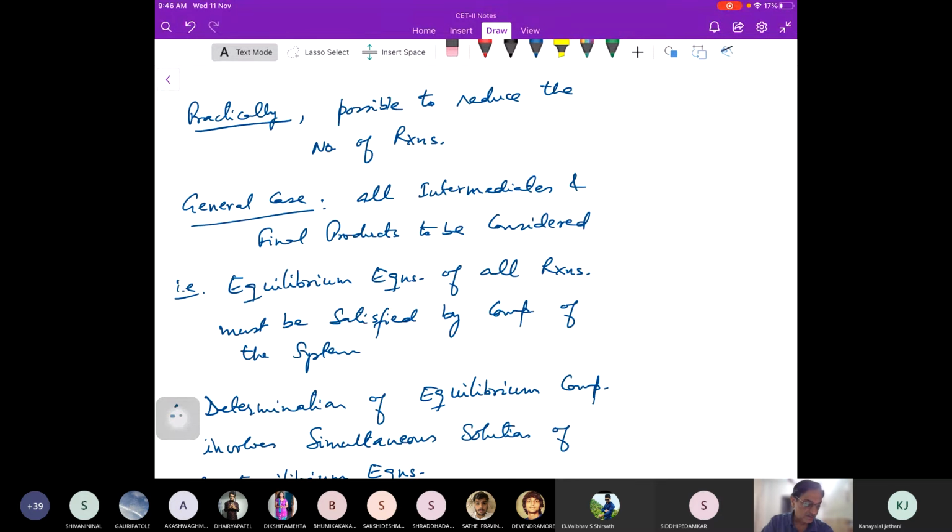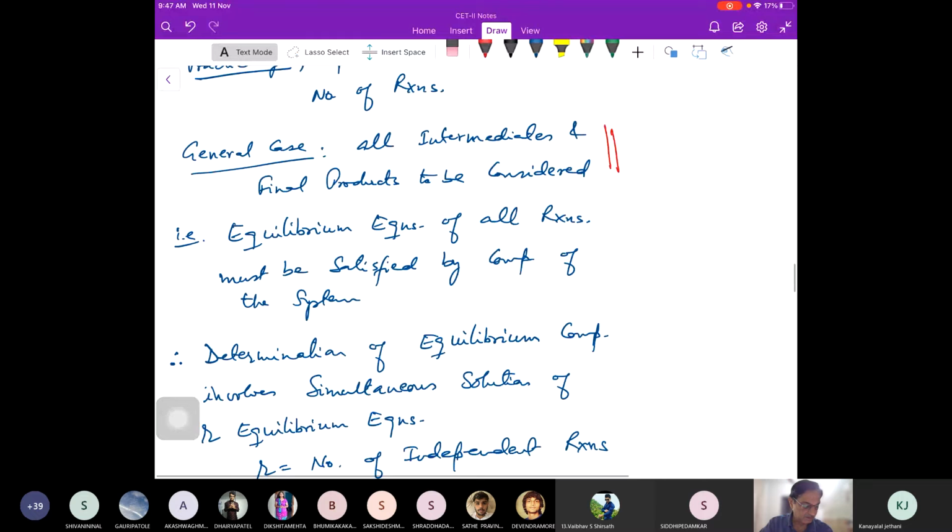So we're considering all the cases, but उसको simplify करते हैं. जैसे हमने देखा था, we derived VLE for the complex case as well as the simple case. अगर ज़्यादा इफेक्ट नहीं है तो we make assumptions, जैसे हमने assume किया था ideal gas and ideal solutions to simplify the problem, because you can solve it for the complex case, but if it is not going to make any significant difference in the answer, then we make suitable assumptions. Okay, so let us look at what is the general case. If we consider all the reactions, then what do we get?